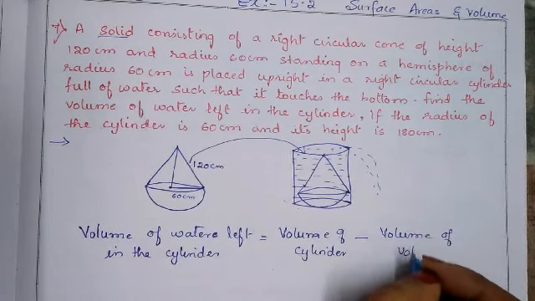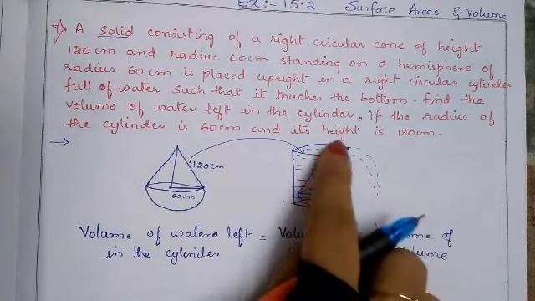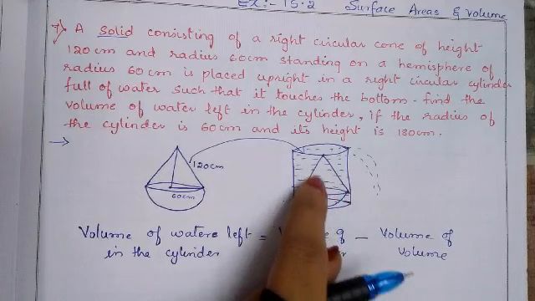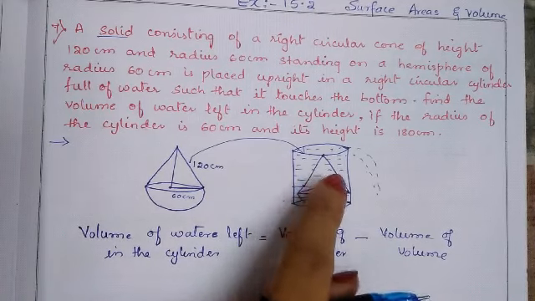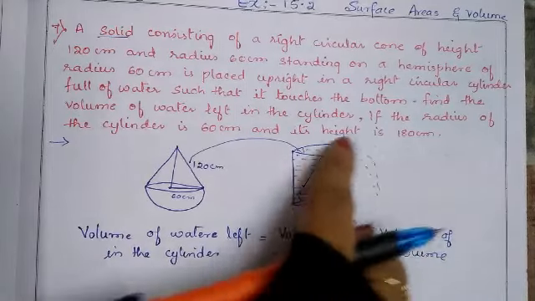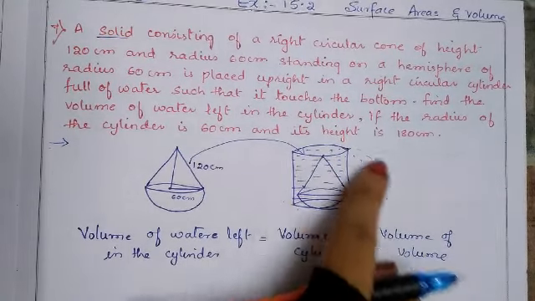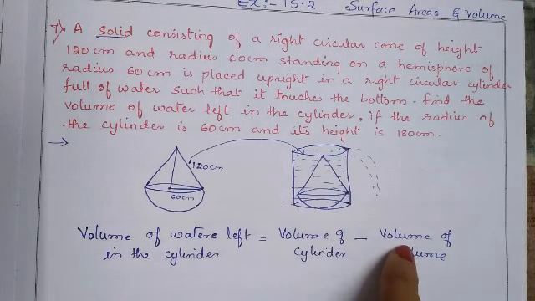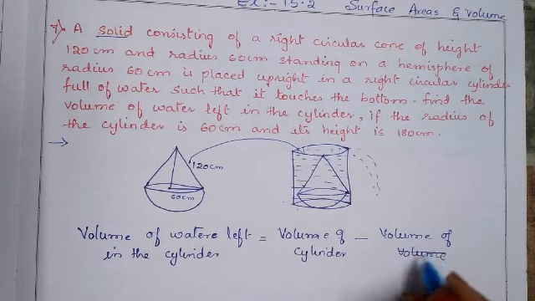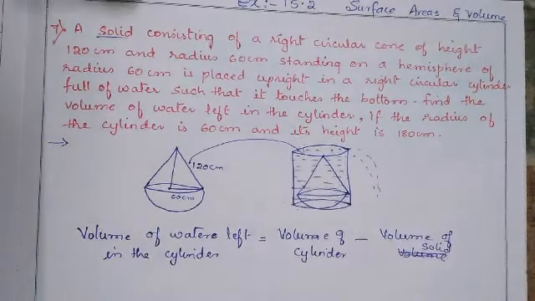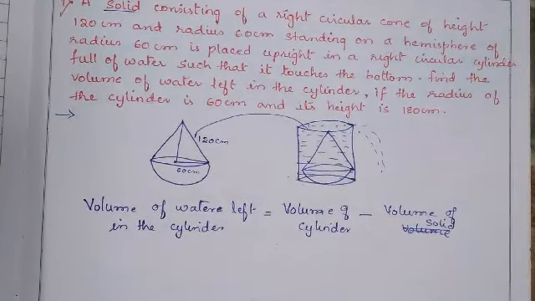From the cylinder full of water, if we remove the volume of solid, because as we put the solid the water falls down, that is nothing but the water left in the cylinder. This only we have to find out.